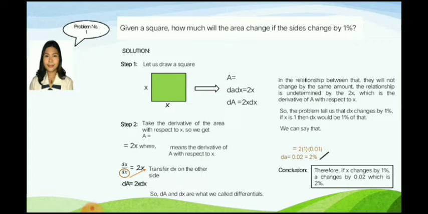Then it's equal to 2 times 1, because 100% of anything is the whole thing. So we have 2 times 1 times 0.01, which is 0.02. In percent form, we have 2%. Therefore, if x changes by 1%, there is also a change in its area by 0.02, which is 2%.